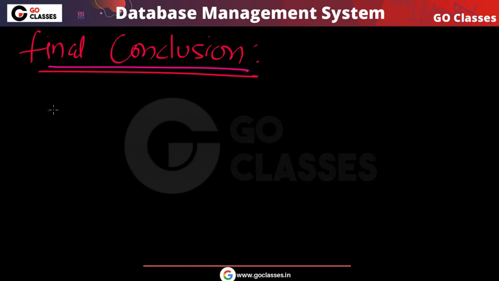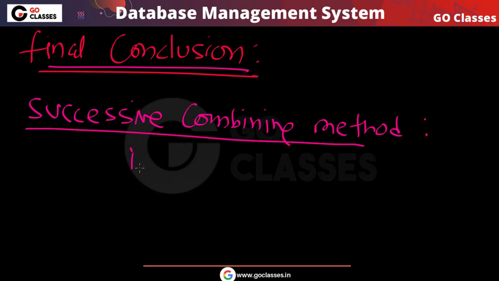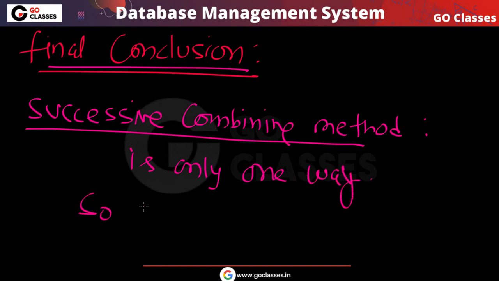So this is the final conclusion: this successive combining method, first of all, is only one way, so it is not reliable.